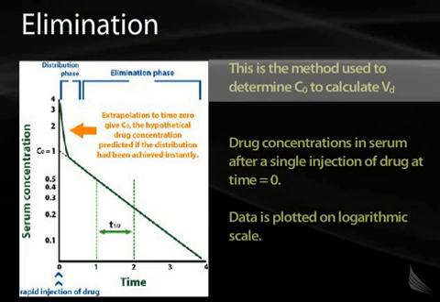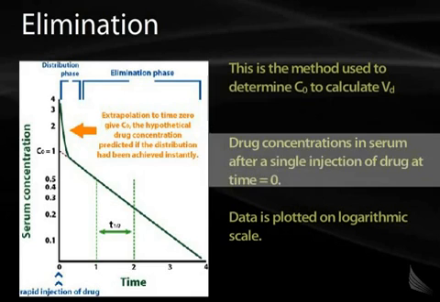And that gives us a serum concentration at time 0, in this example, of 1. This C0 is a false value, meaning it never actually existed. However, because all medications require a distribution phase, it's impossible for us to measure the C0 directly. Therefore, we must use this curve to extrapolate it.